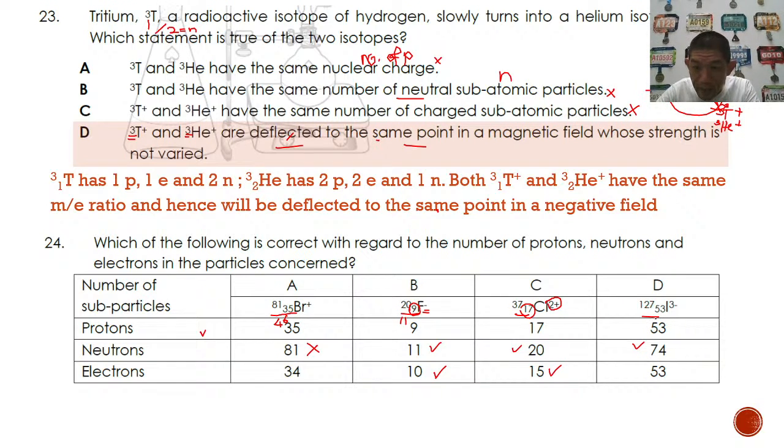And then finally, iodine with 53 protons after receiving 3 electrons becomes 56 in here. So D is wrong. So there are 2 answers, B and C. B and C are both correct in this case. So this is for 24.